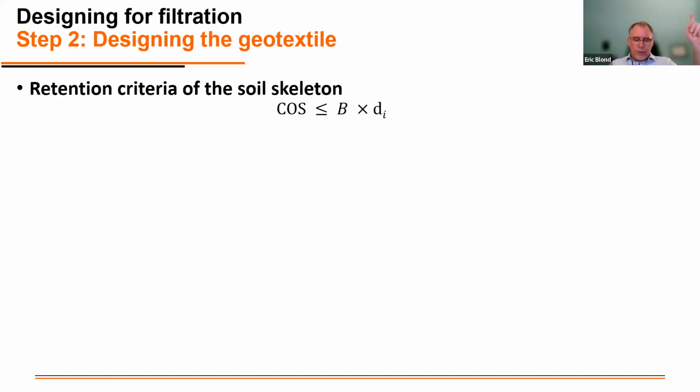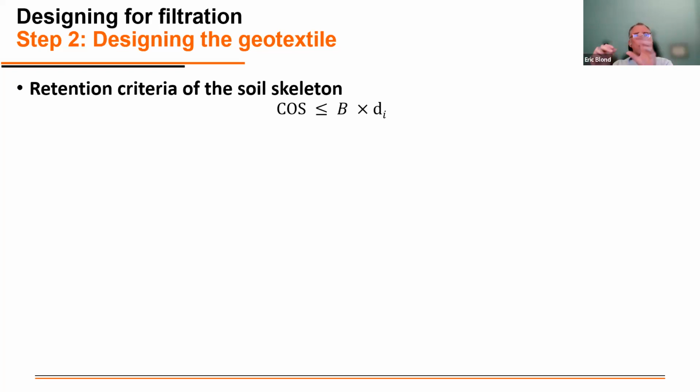First thing first, everybody knows that, retention criteria. What is the maximum dimension of the opening size of the geotextile? And the ISO guide is not proposing a dominance on AOS, FOS in Canada, O90 in Europe, or any other opening size.